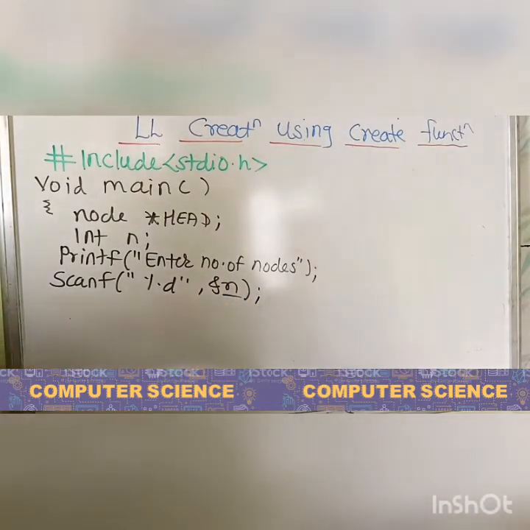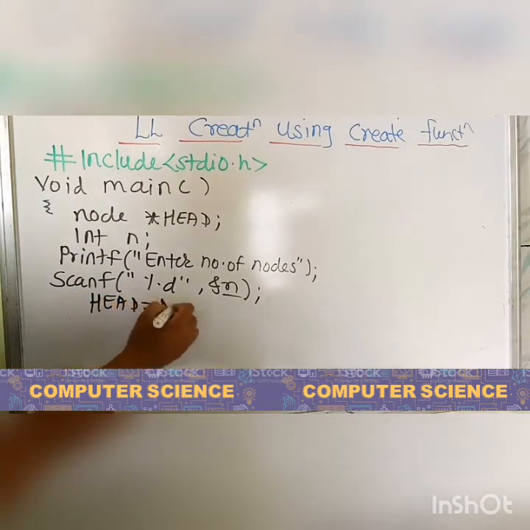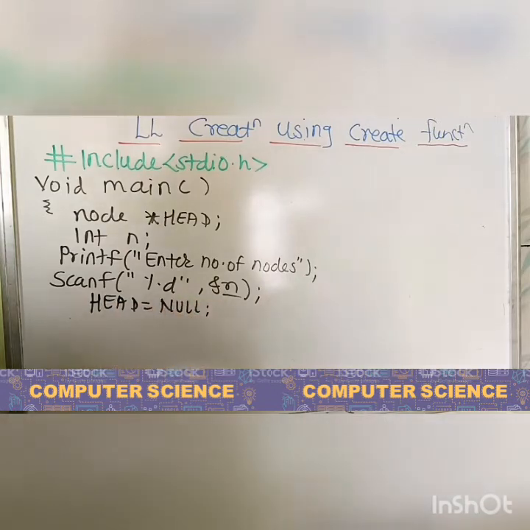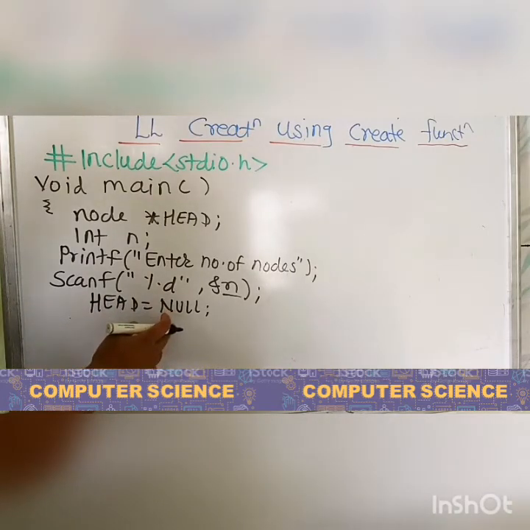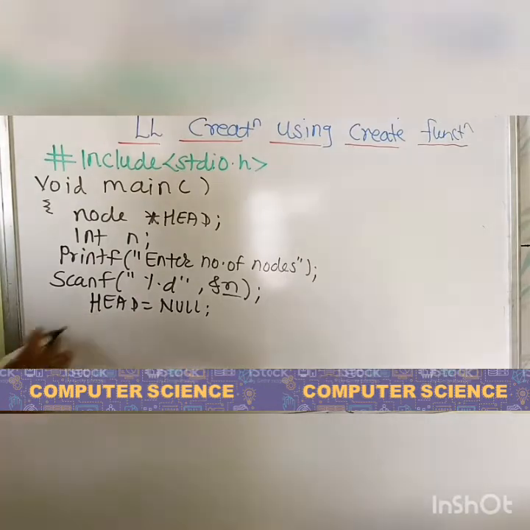Now initially any list would be a blank list, so we will initialize the head node to NULL for garbage avoidance. And why have we created it as NULL? Because we have to call the create function in this head node.